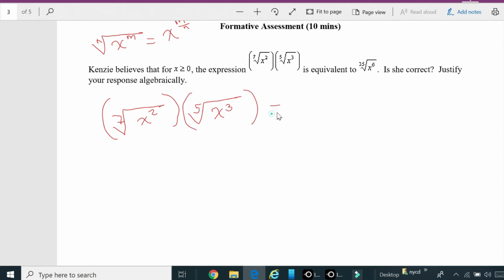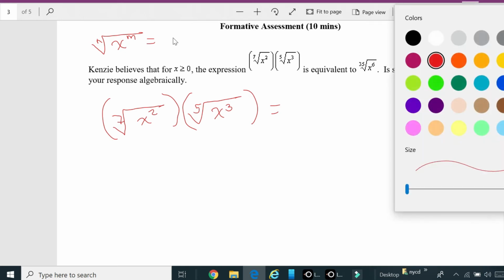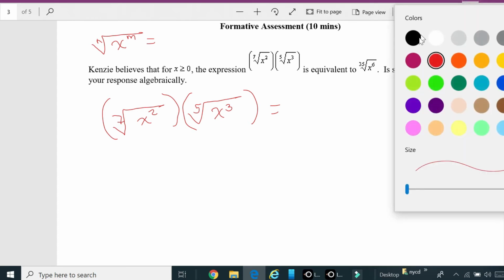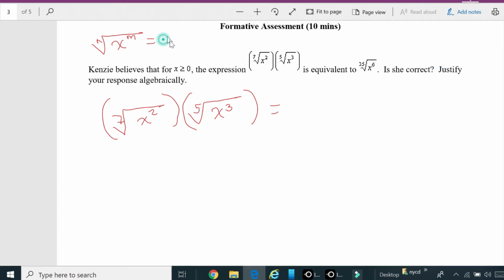Okay, so I'm going to translate this. You follow the formula that's up there. Let's fix this up here, because some people cannot see that. Let's fix that to x, n goes on the bottom, m goes on the top. Let's translate this, using a different color. I'll use black.